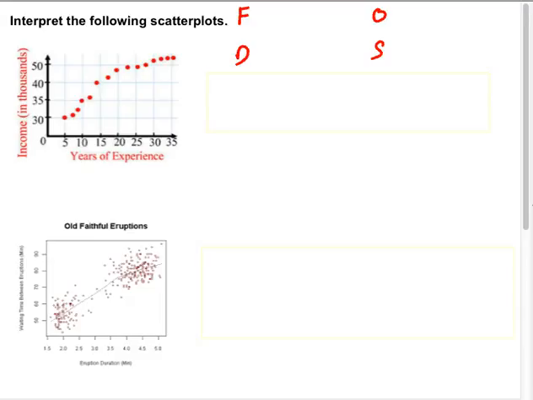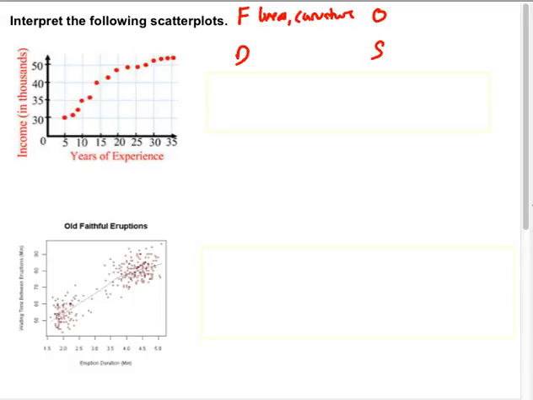For form, I'd say basically linear, but there is some slight curvature to it, okay? I can't remember what I hid underneath the white block there, but I'd say roughly linear, but there is a little bit of curvature to it. That would be appropriate to mention.